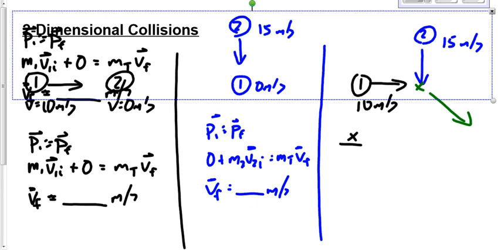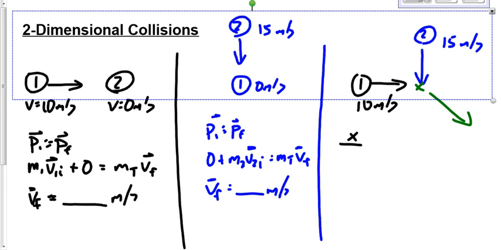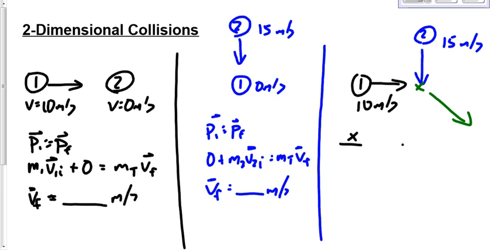That's not what I wanted to do there. Let's just write it out again since I wasn't able to do that. The x component is going to look exactly like the first one. M1 V1I plus 0 equals M total times VF.